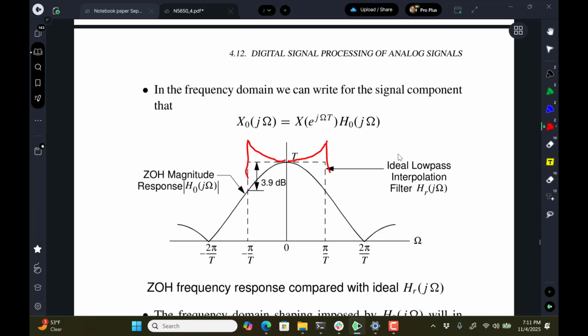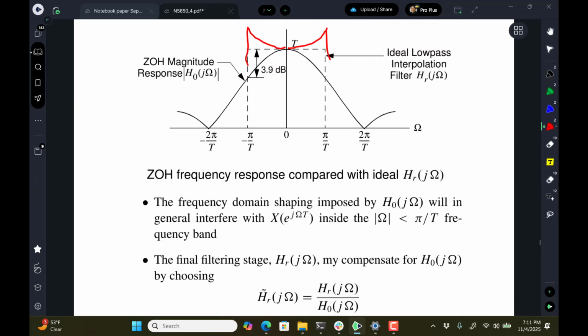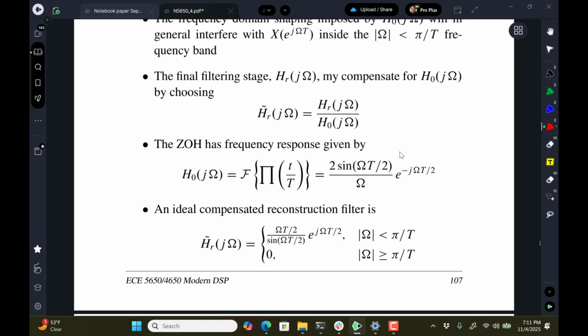That is this guy right here, compensated. It's called an inverse sinc function, and I've seen it in data sheets. You might see in a data sheet that there's an inverse sinc function in the D to A to compensate for that, and this is what it would look like.